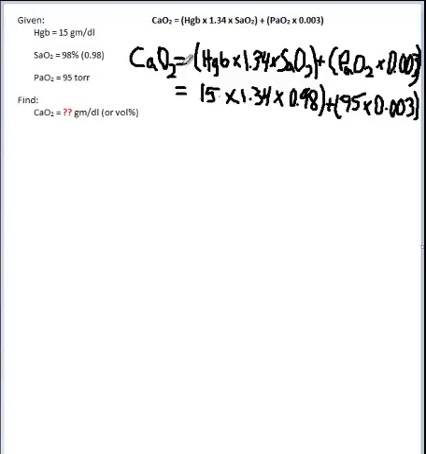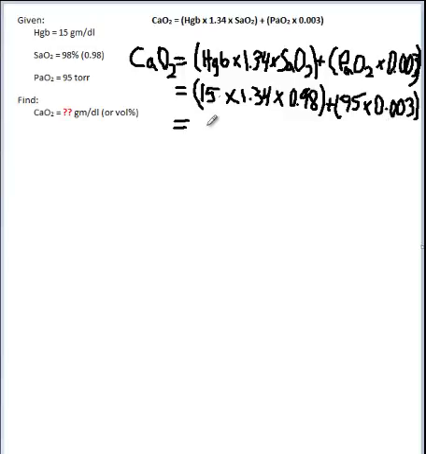So plugging in the values that I've been given, a hemoglobin of 15, which is actually a pretty normal hemoglobin level, times 1.34 times 0.98 for the SAT, which is a pretty normal SAT, and then adding the PO2 of 95, pretty normal for that too, times 0.003.